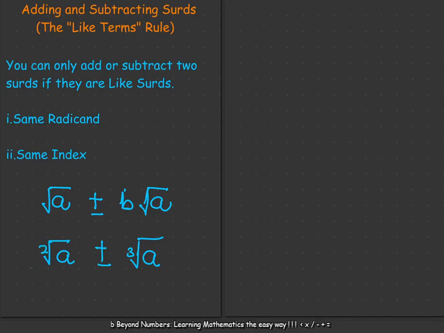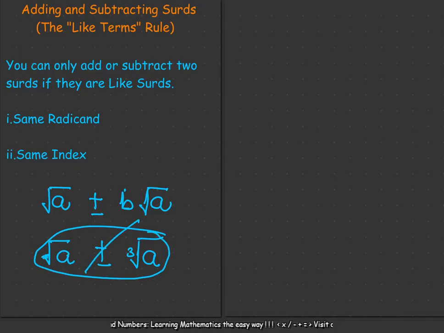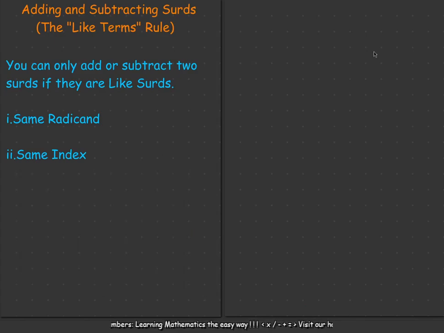This has an index of 2, this has that of 3. Hence, we cannot add or subtract. We can only do that if and only if the indices are the same. This is the theory of it. So let's take some practical questions and see how best we can apply these two rules.